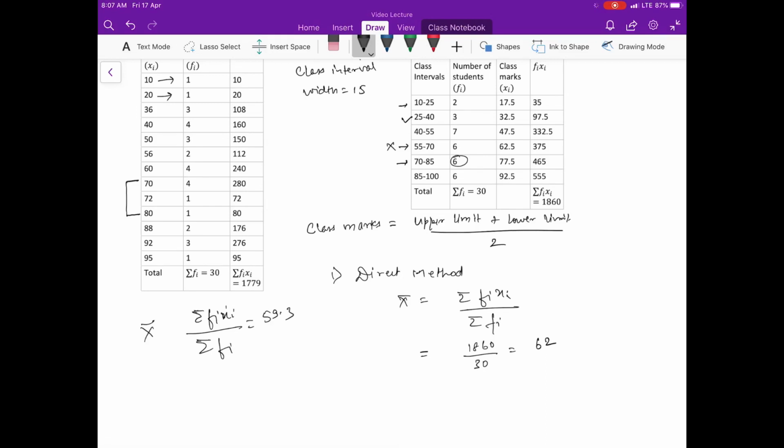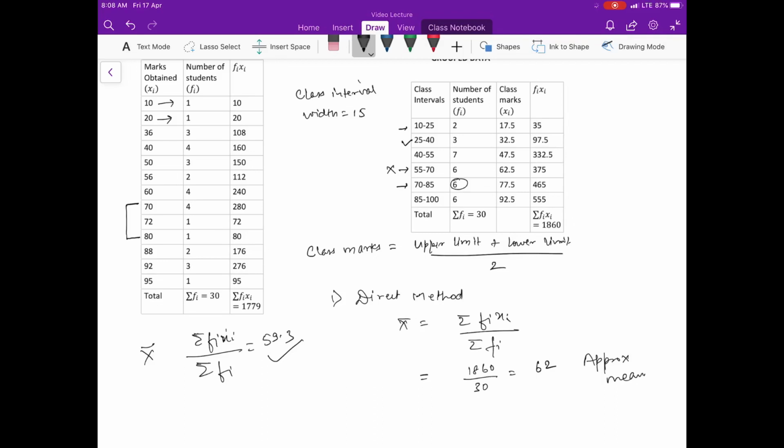So which is more accurate? Obviously that one is more accurate, but for grouped data we are not calculating the accurate mean, we are calculating the approximate mean. For a large amount of data, this difference will be very small.